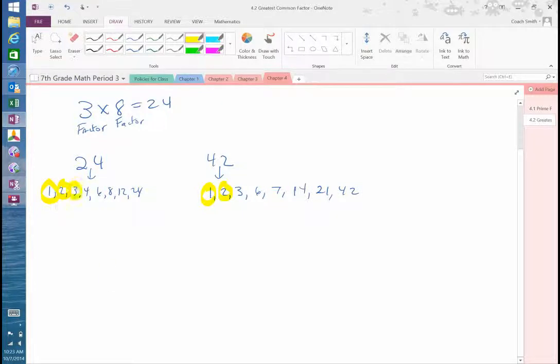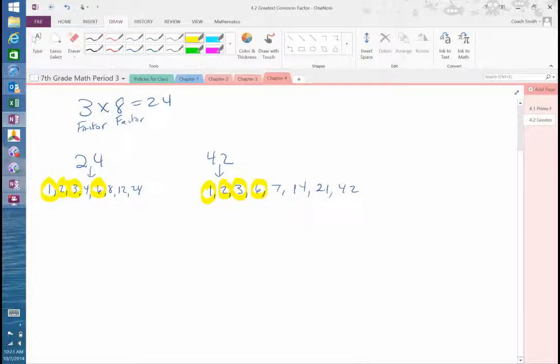We have a 3 and a 3. We have a 6 and a 6. None of these are common with any of those. So therefore, our greatest common factor of 24 and 42 is 6.